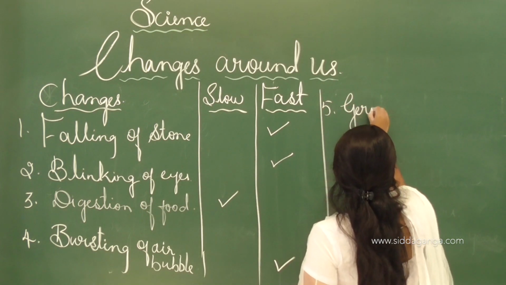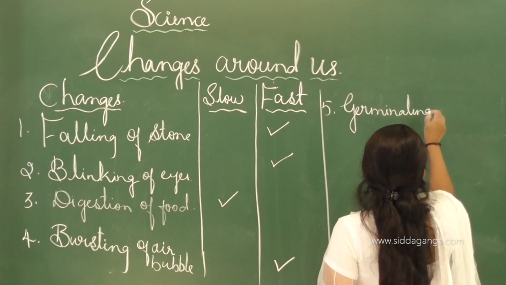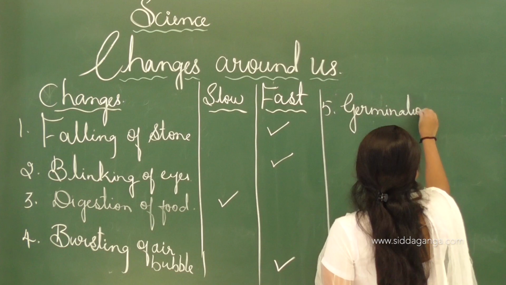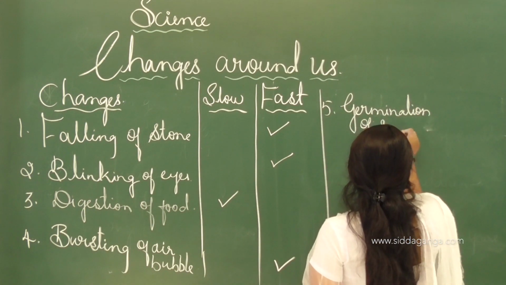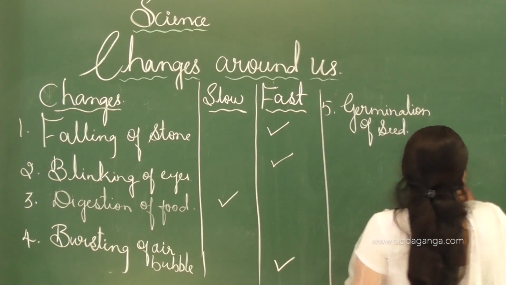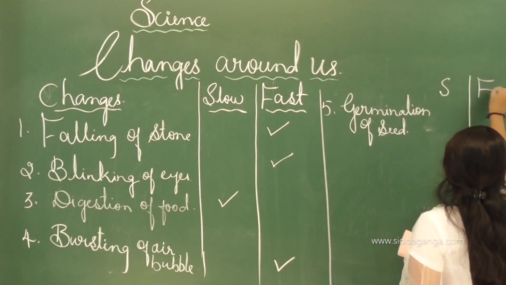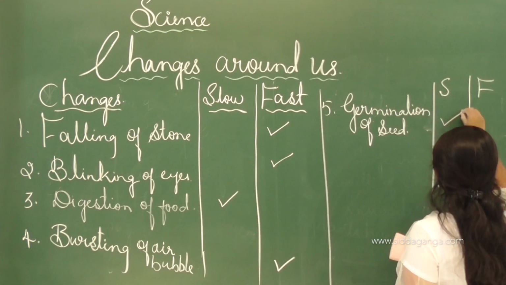Germination of seed. Germination of seed is also a, I will write here, slow as well as the fast. Germination of seed is a slow process.